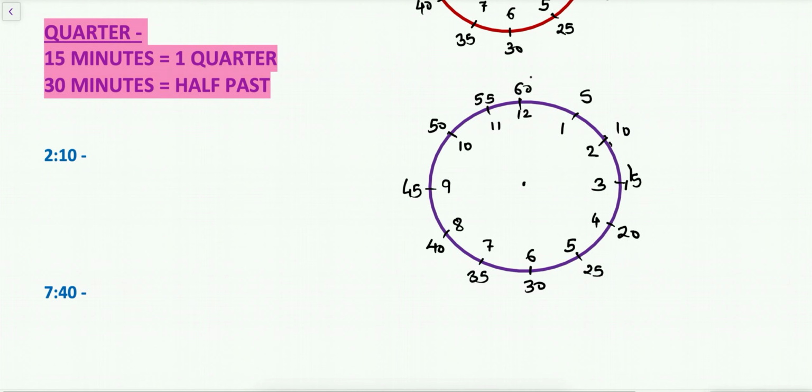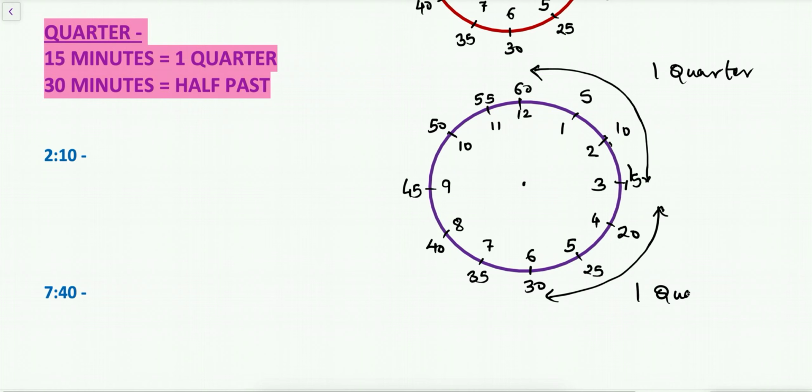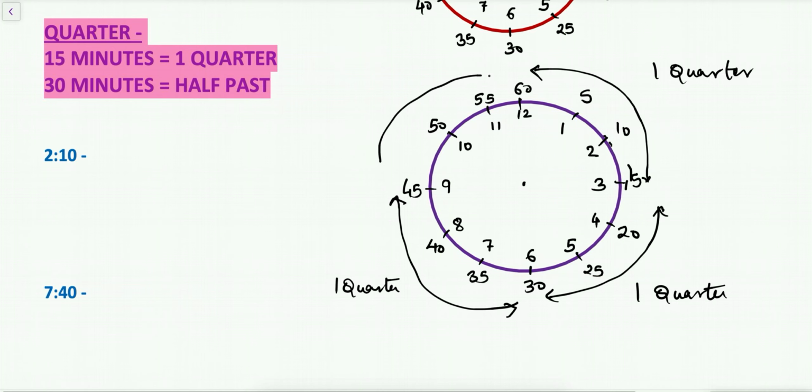From 12 to 3, this is 1 quarter. And from 3 to 6 is again 1 quarter. And from 6 to 9, that is 15 minutes, is again 1 quarter. And from 9 to 12 is one more quarter.